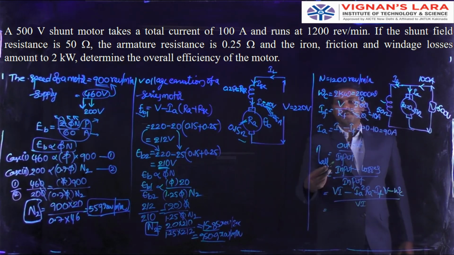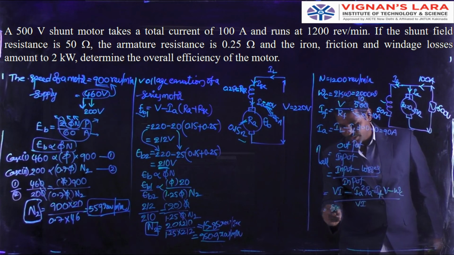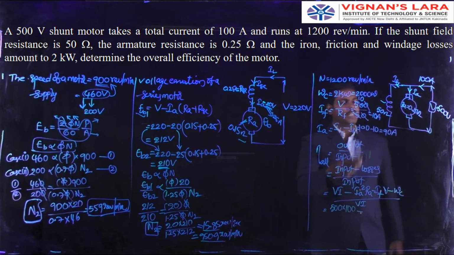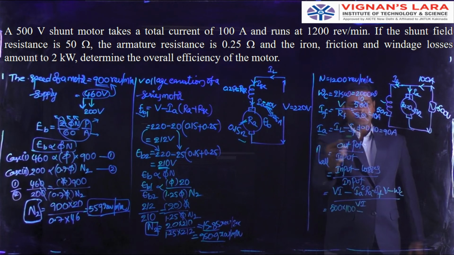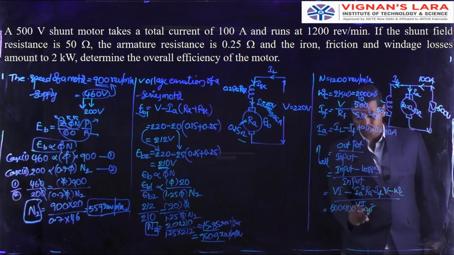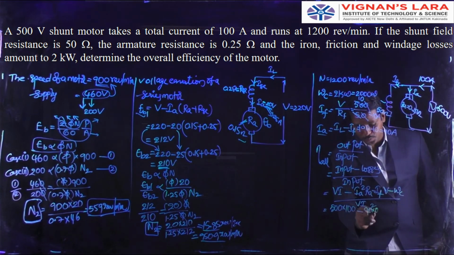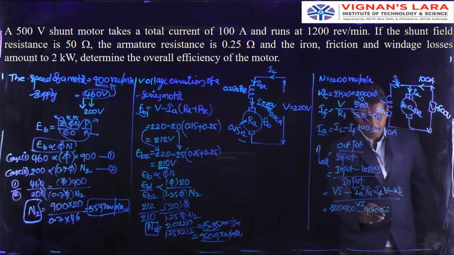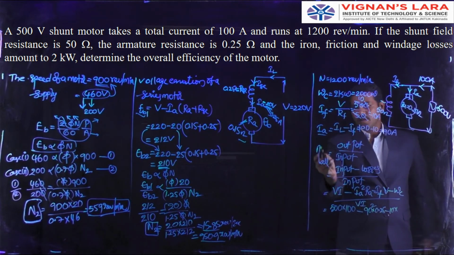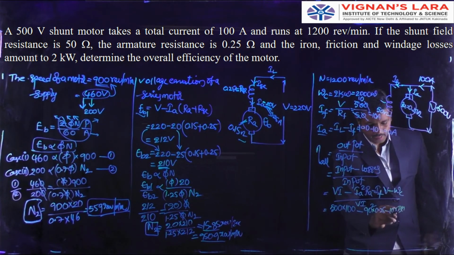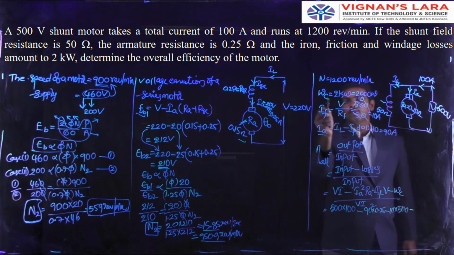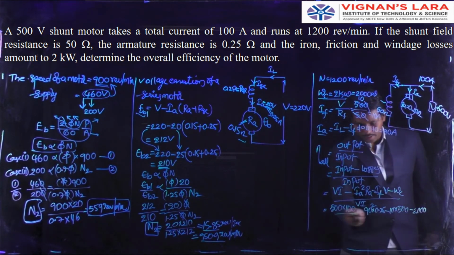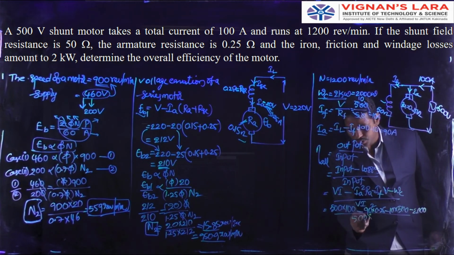When we substitute the voltage and currents, we get 500 multiplied by 100 amperes, minus the armature current of 90 amperes squared into the armature resistance of 0.25, minus IF, which is 10 amperes, into the voltage 500, minus WC, which is 2000 watts, divided by 500 into 100.